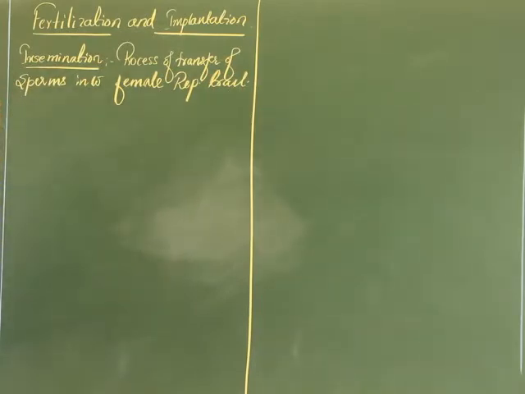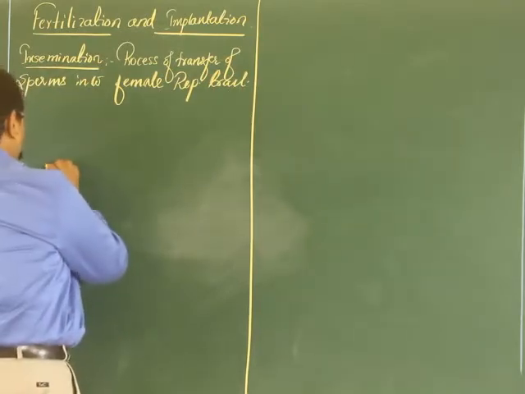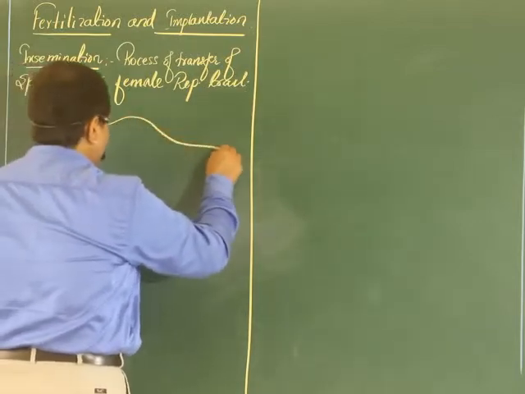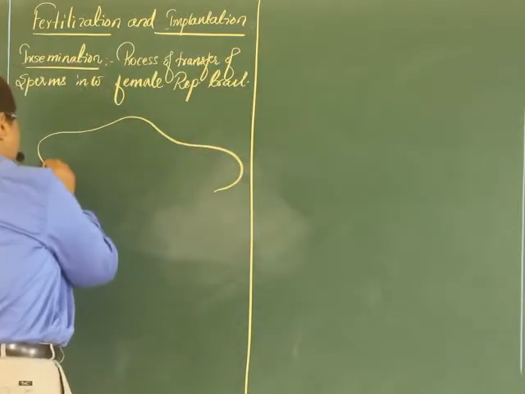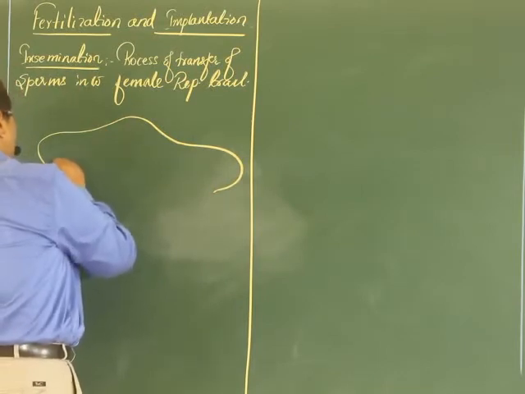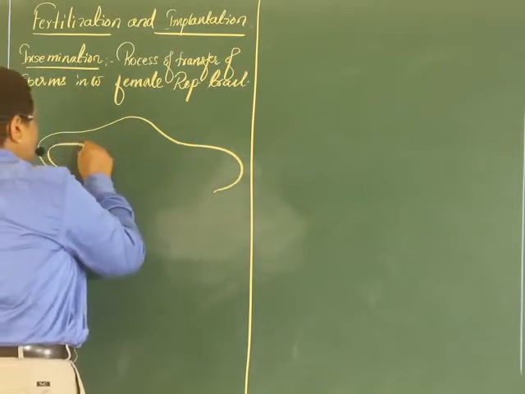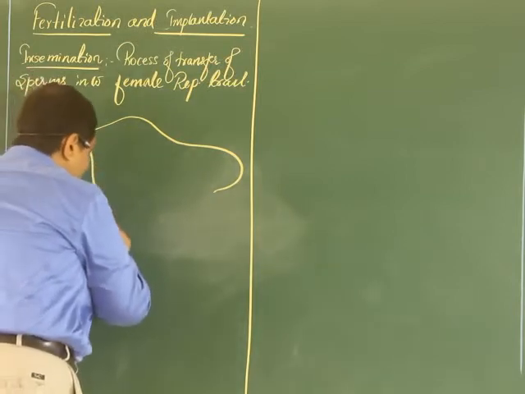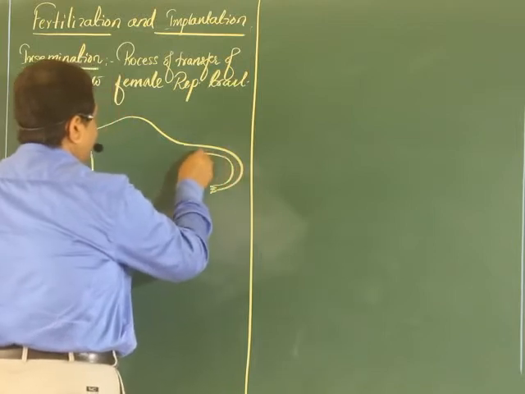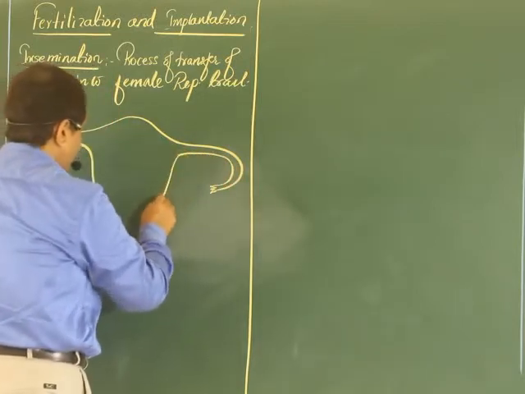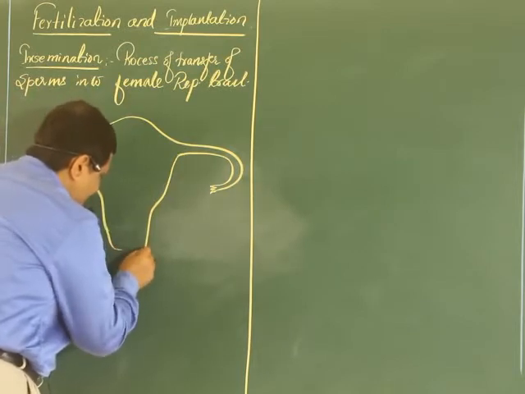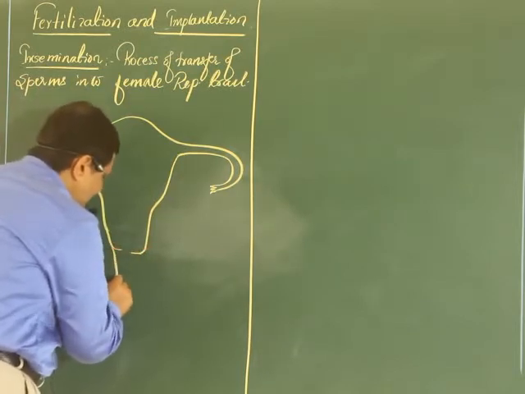During fertilization, what happens? This is the female reproductive system. There are a pair of fallopian tubes, and the uterus. The cervix portion and vagina portion.